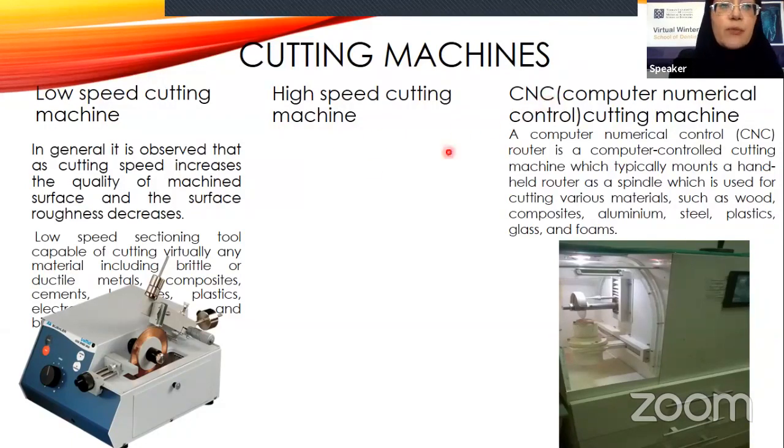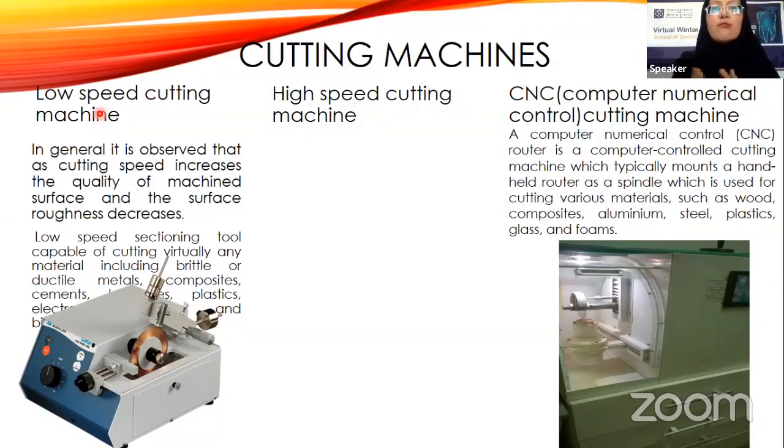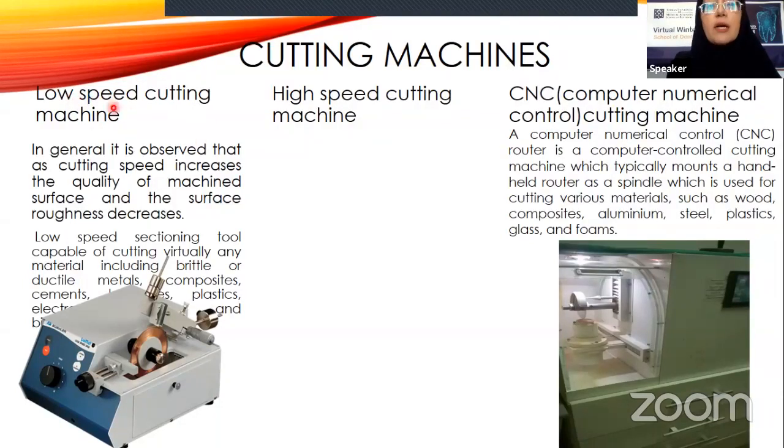Me myself usually prefer the low speed cutting machine because it induces less stresses. For many samples, especially for thin samples, maybe the high stresses resulting from high speed cutting machines damage our samples. So usually I prefer the low speed cutting machines.